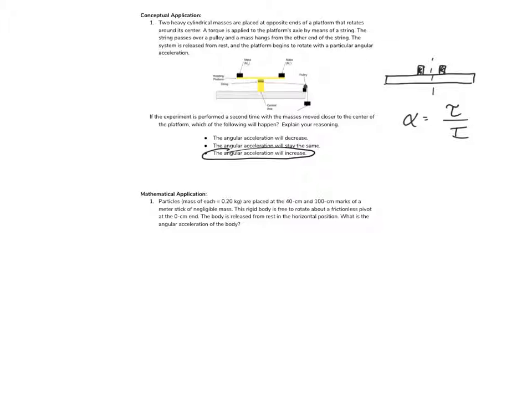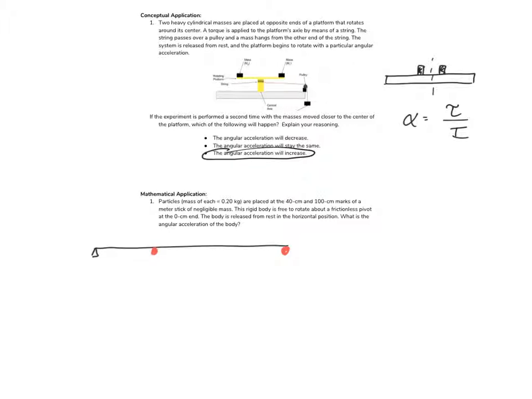All right, so now for the mathematical application, we are told in this problem that we have a meter stick of negligible mass that is able to rotate about its end. We're also told that there are masses located at 40 centimeters and at 100 centimeters.